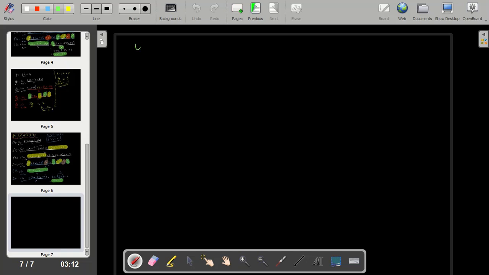We said if you have been given a function y equal to, let's say, 4x squared plus 1, the first thing we do is use the formula.